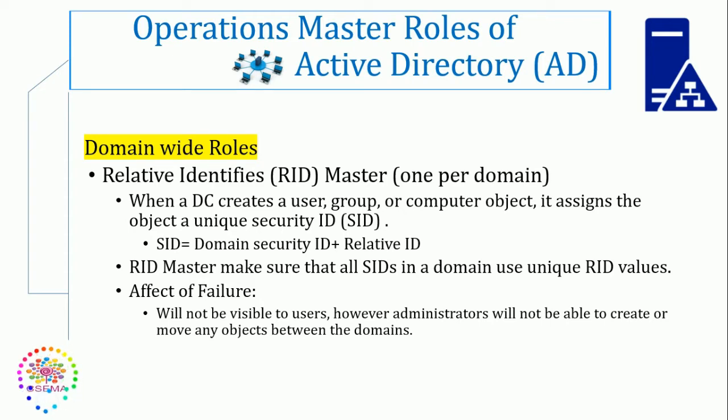And in case the relative identifier master is not available, the loss of this RID master will not be seen by users at all. It can only be seen by the administrators at the time when they try to create any objects in the domain, or move one object to another domain.